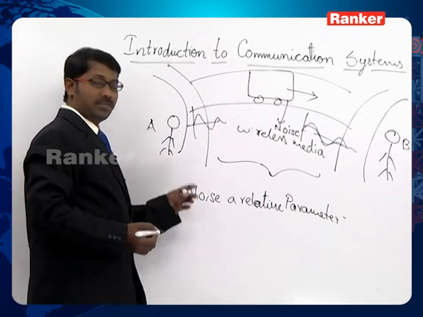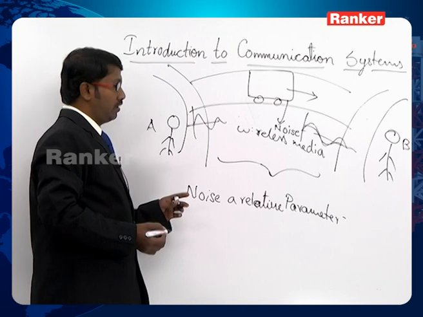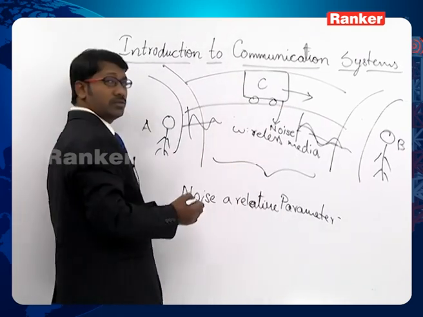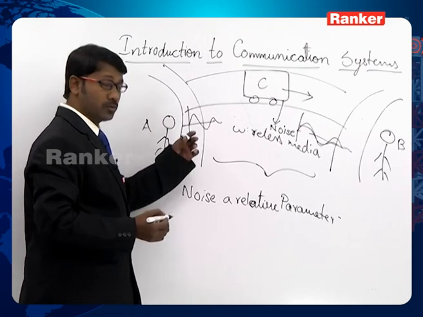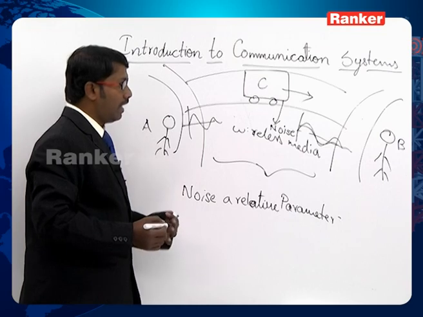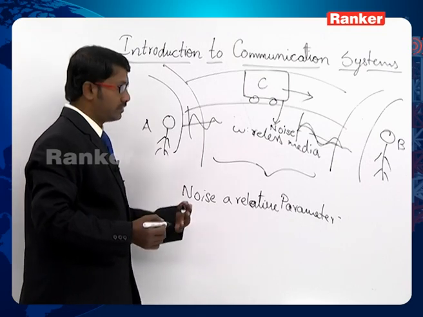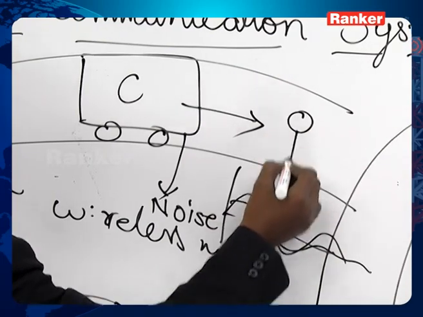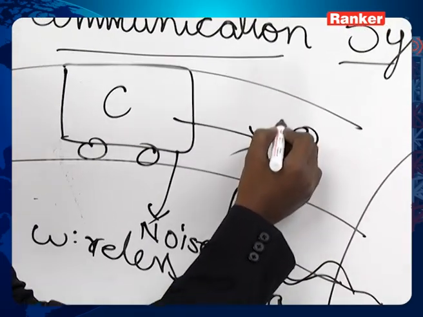When I say noise is a relative parameter, let me consider my car as another source of signal, C, and let me assume another case, an improvisation, where I have a stranger crossing the road.